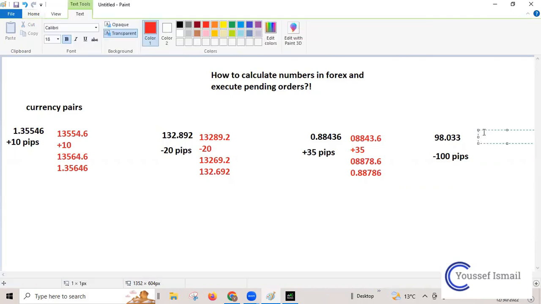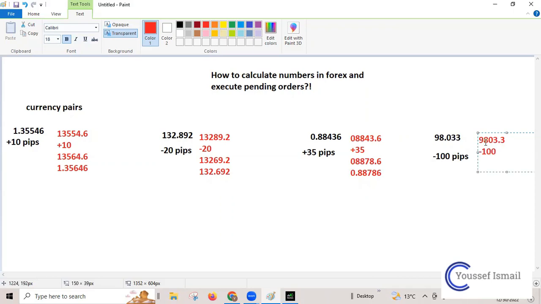Let us now move to the last example, which is 98.033, and we need to subtract 100 pips from this number. So we will change the number again to the same form by moving the decimal point to the right, and it will be written like so, 9803.3. And then we will need to subtract 100 from this number.